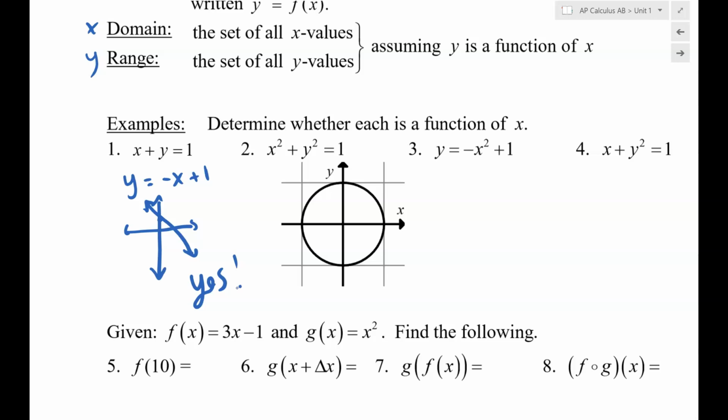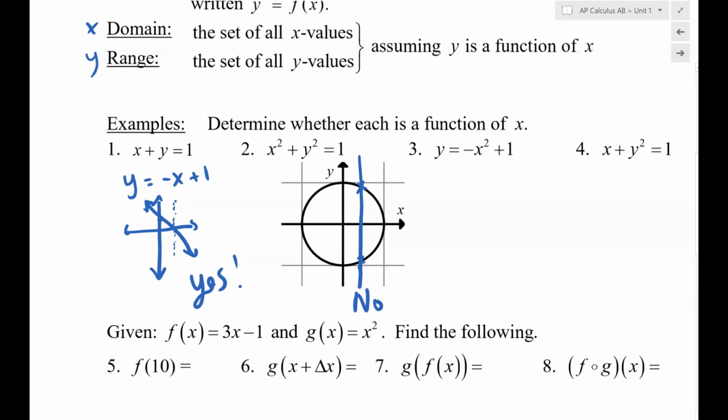For the vertical line test, you just draw a vertical line straight down, and if it intersects at more than one spot, it's not a function. For example number 2, if I draw a vertical line straight down, notice that it intersects in 2 locations. So for one x value, there are 2 outputs, 2 y values. So this is not a function.